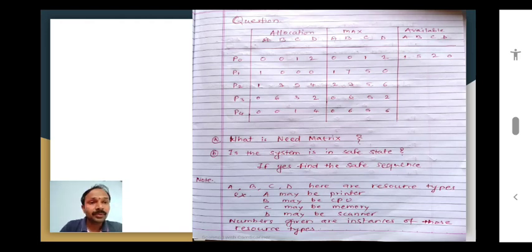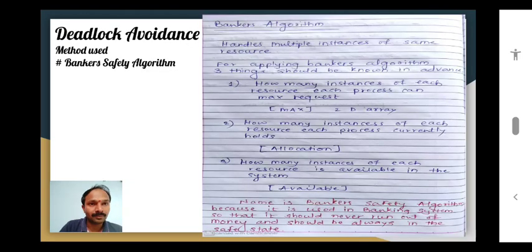Is the system in a safe state? If yes, find out the safe sequence. Here allocation, max and available are arrays. Max is how many instances of each resource each process can maximum request. Allocation is how many instances of each resource each process currently holds. And available is how many instances of each resource are available in the system.